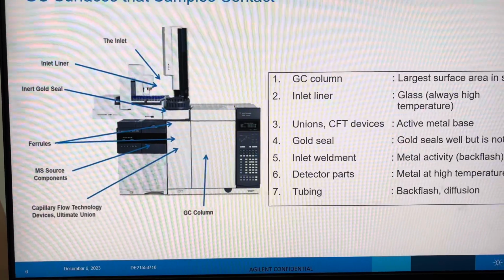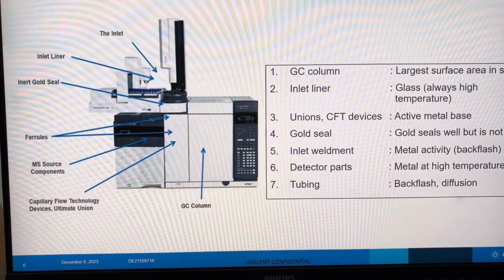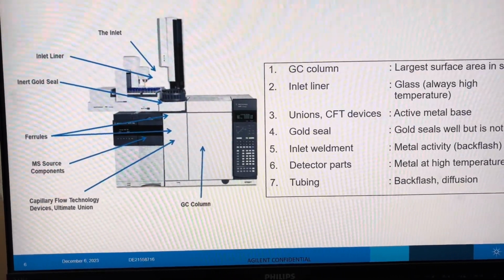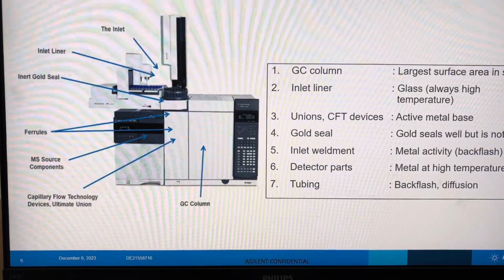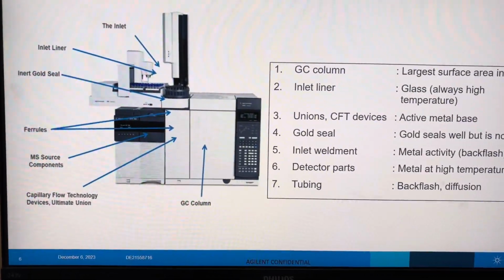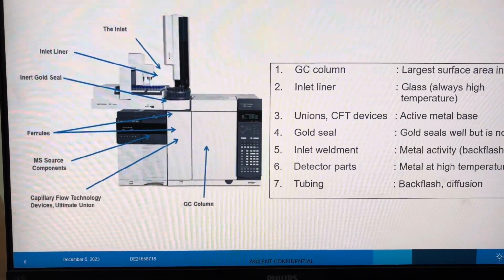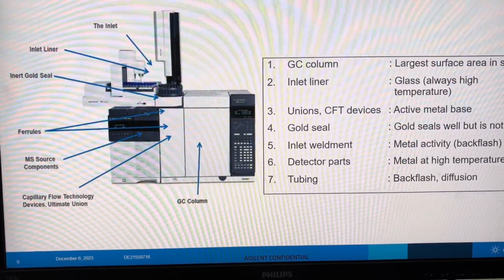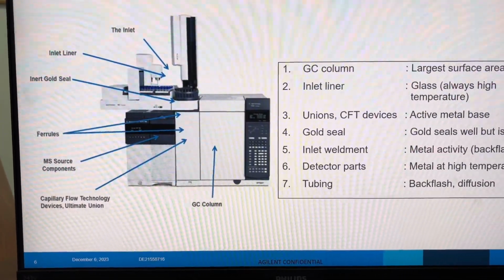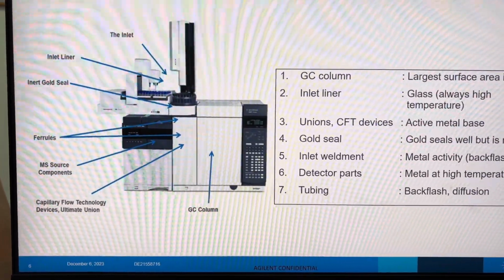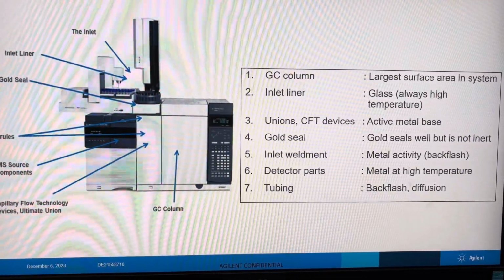And the inlet, if we have a backflush technology, that's where CFD technology is an integral part of the backflush. There we have some metal connections that have to be inert in nature. And of course the detector parts, which generally are exposed to high temperature in the detector, so cleanliness and inertness are also an important part of getting a good signal.